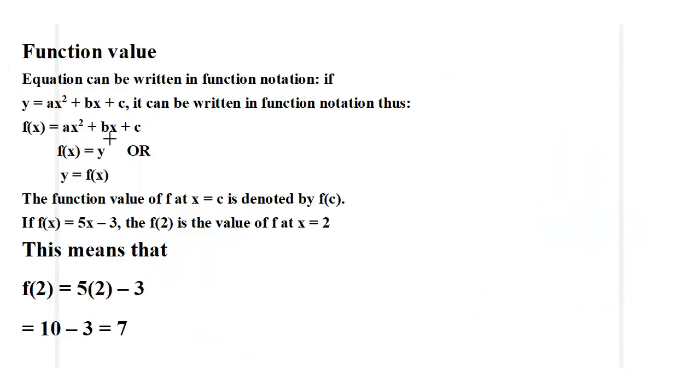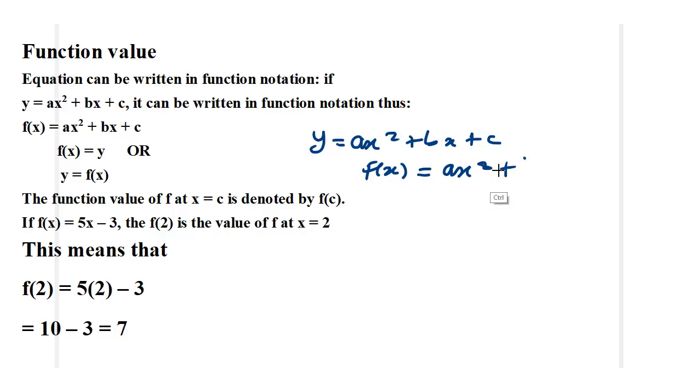This is a simple aspect that I believe you can easily grasp. An equation can be written in function notation. For instance, if you have y equals ax squared plus bx plus c, it can be written in function notation as f of x equals ax squared plus bx plus c.